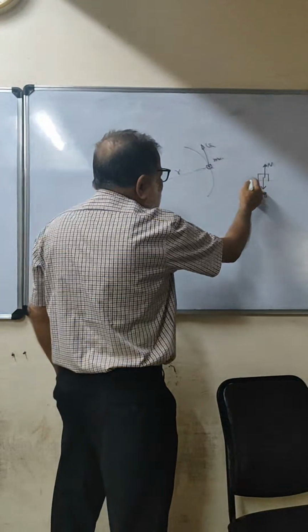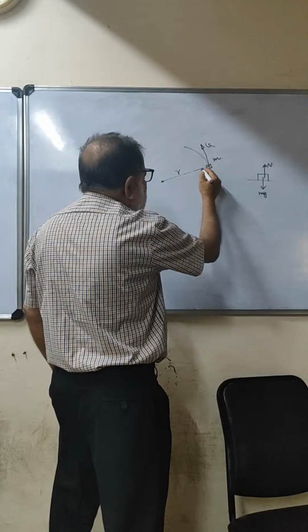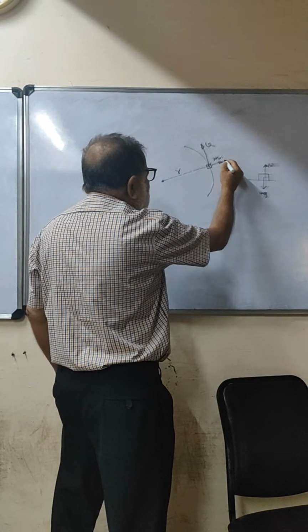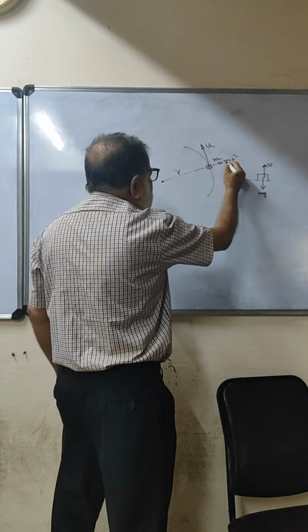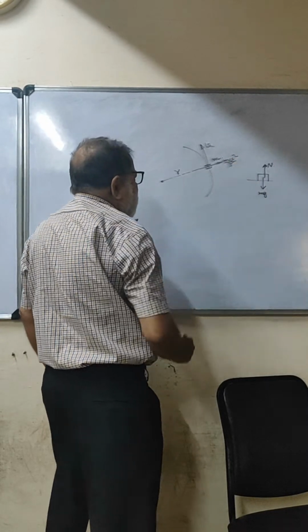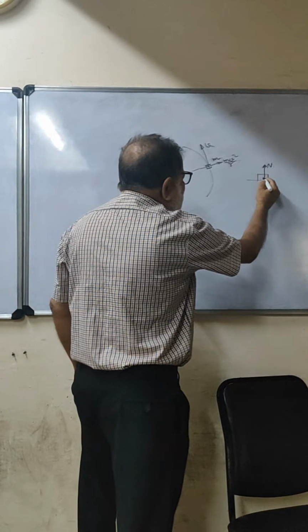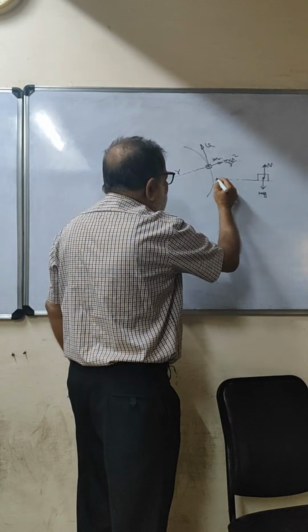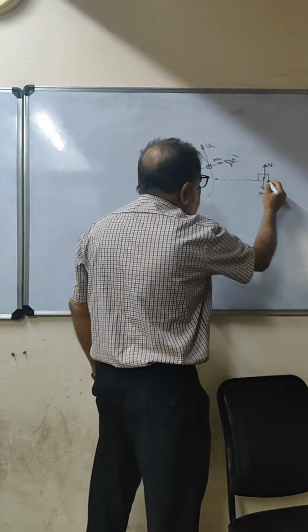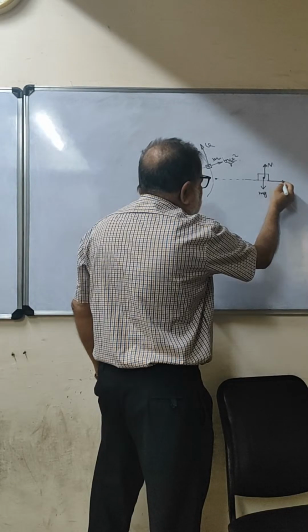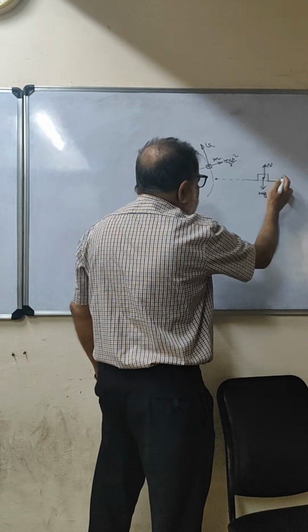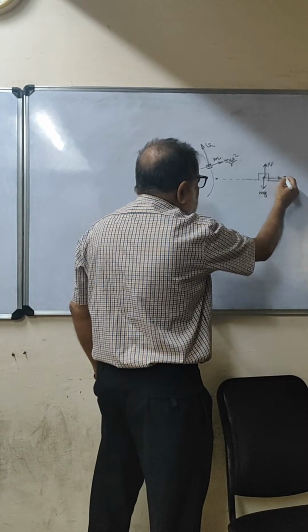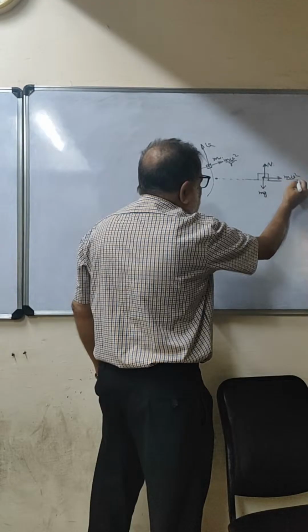And in the radial direction, like here, it has centrifugal force mv square by r. Please note that in this diagram, if I consider the center is somewhere here, then the centrifugal force acting on it is radially outward, mv square by r.